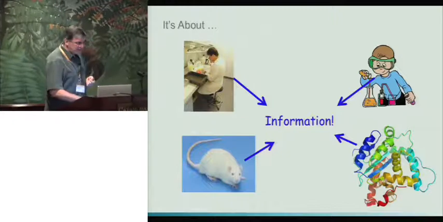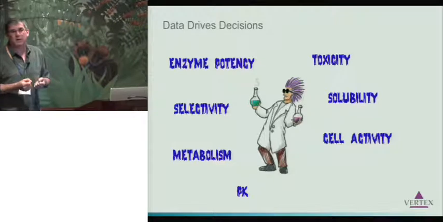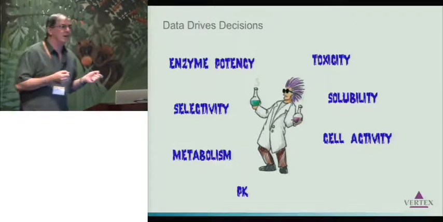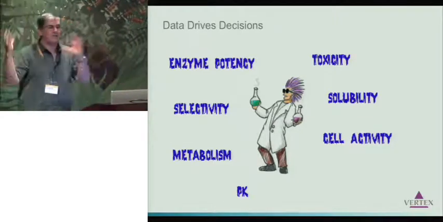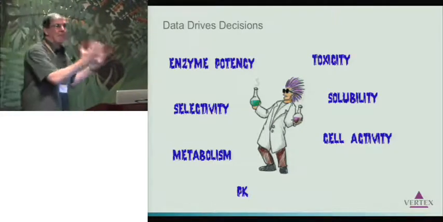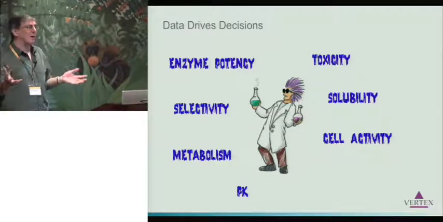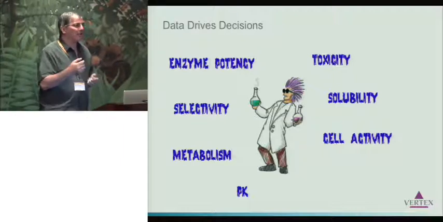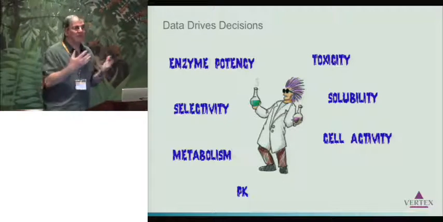And it's really confusing. If you're a chemist or a biologist working on a drug discovery program, you're trying to synthesize a lot of different information. You're looking at enzyme potency. You're looking at toxicity data. You're looking at properties. You're looking at PK. When I look at programs at Vertex, a typical project is probably tracking anywhere between 15 and 30 assays, and I've seen projects that track even more than that.